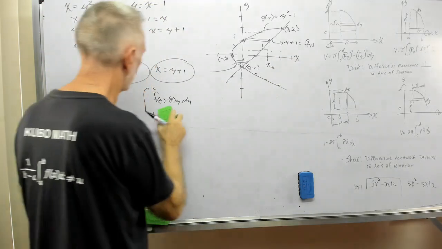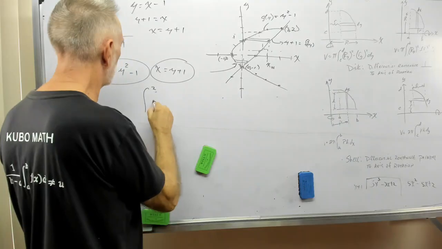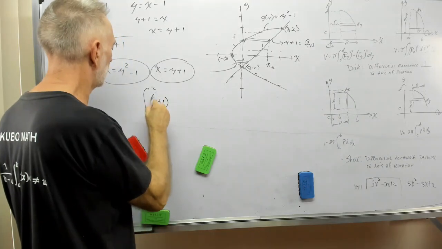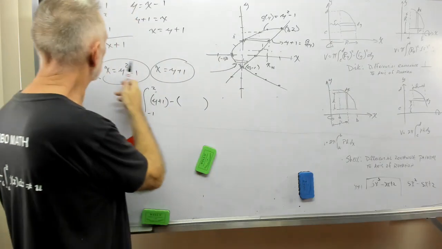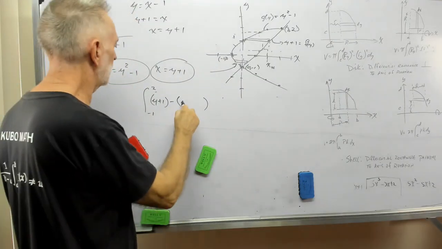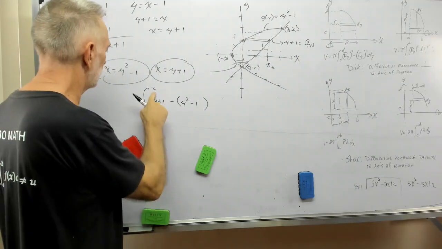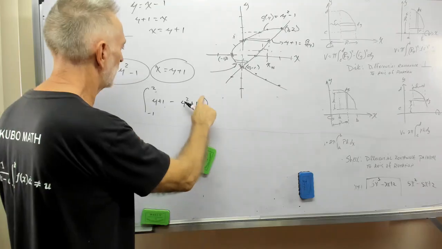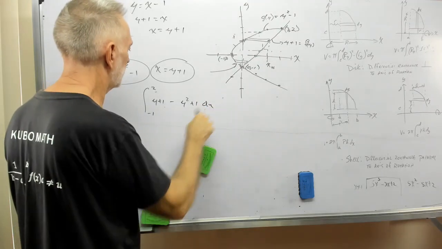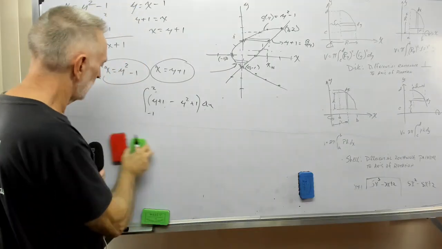F of y, just going to plug them in here, is y plus 1 minus y squared minus 1. Now I'm going to remove the parentheses and distribute that negative. All of that is dy.